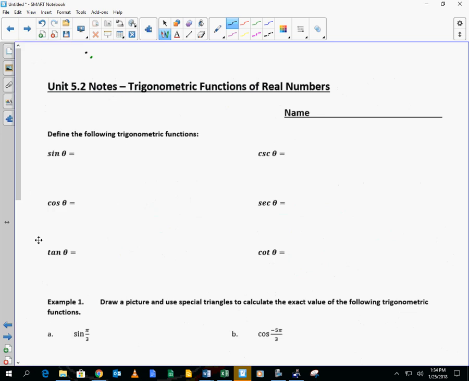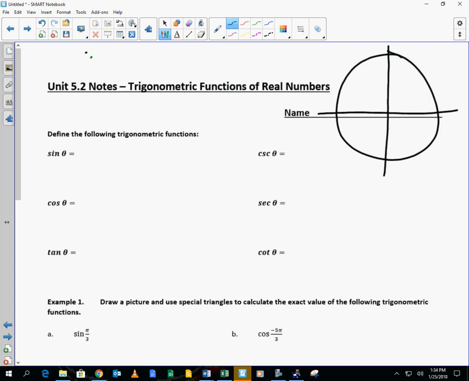Today is an extremely important day. We define our trigonometric functions. You're going to hear me make some absolute statements, and I do mean them when I say them, okay? So the question is, if we have a circle with an angle measurement of theta and a terminal point of x and y and a radius of r, most times we'll be in the unit circle, but we'll just put r in case we're not.